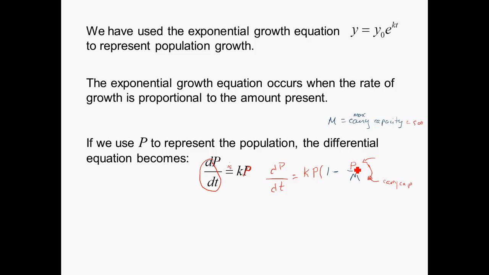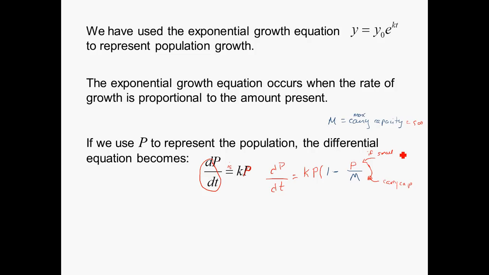If your population is very far from 500, so let's say your population is only 2 or 10, if P is small, a small number over M, what's that going to be? Isn't that fraction going to be close to 0?